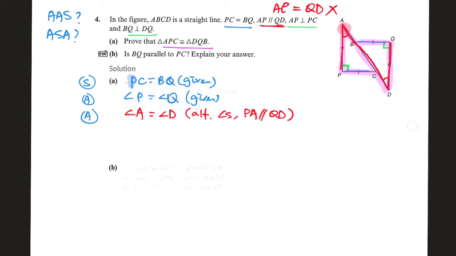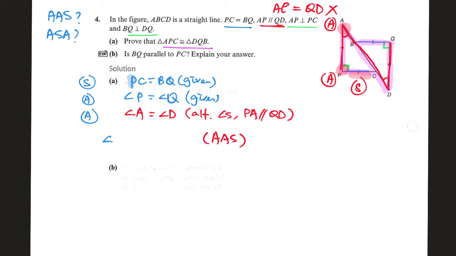We have an A here, we have angle P here, and the side is outside. To write very precisely, there's an A here, angle P, there's another A, and PC, which is an S outside. Once again, the S is outside the two A's, not between them. So as a result, we will call it AAS once again.